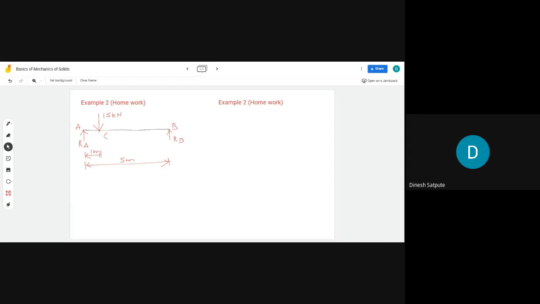Next is again a simply supported beam. A, B, RA, RB.